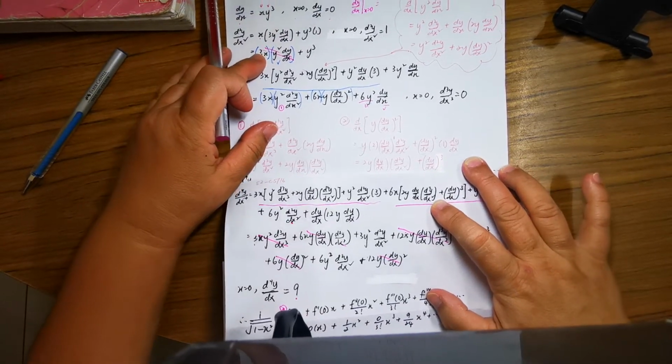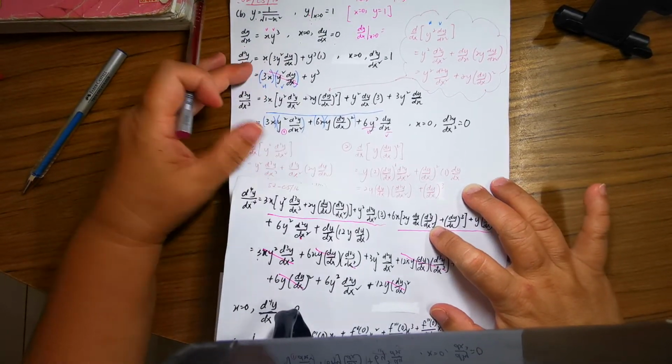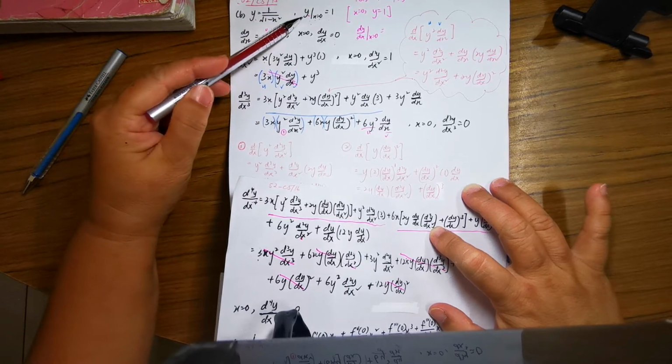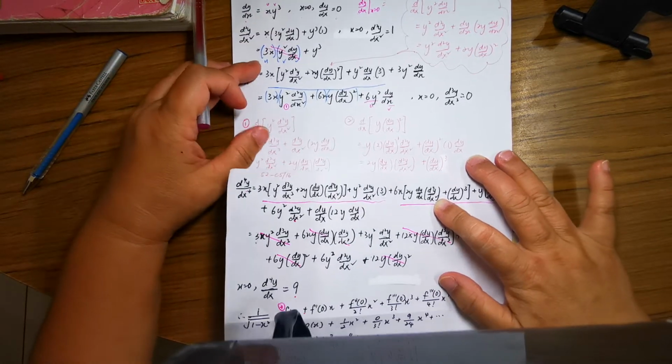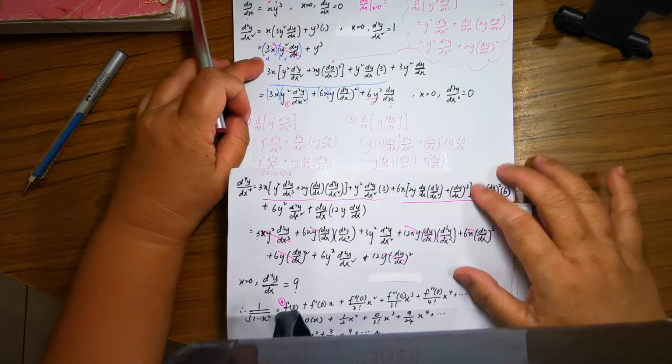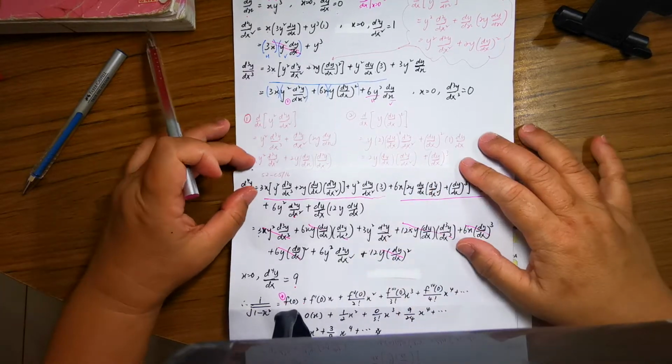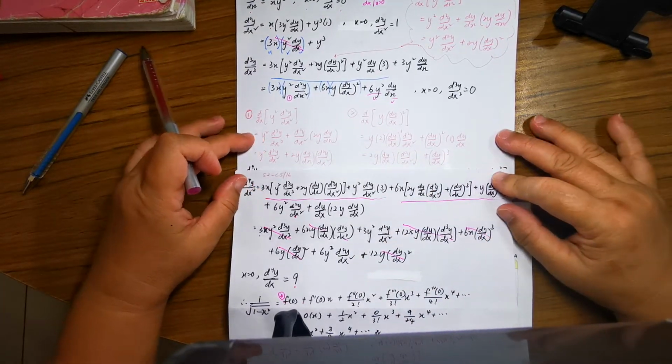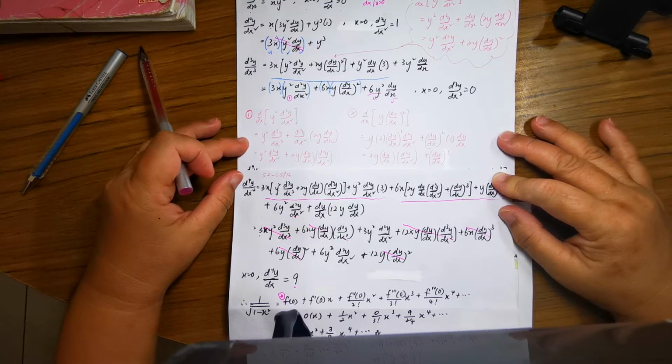Up to this one, this is the first step, second step, which we have done in part A. Then after that, all this. You can snap if you want. So this is only part B, 7 marks.